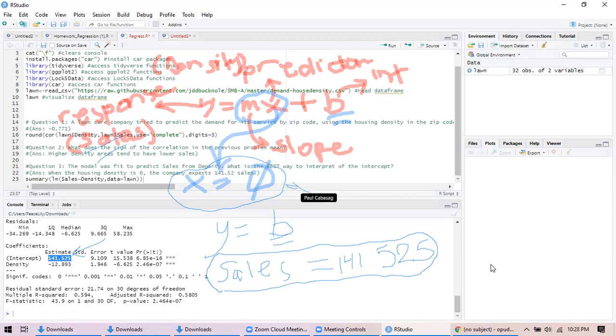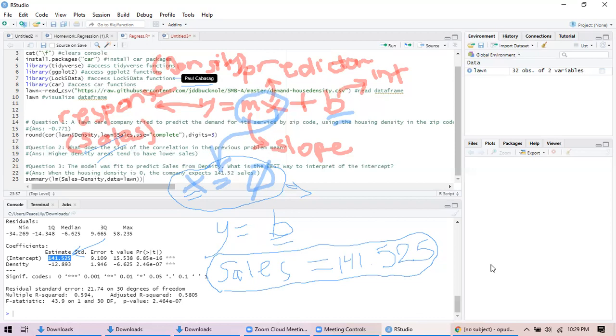What does it mean that x equals 0? Well, what was our x?